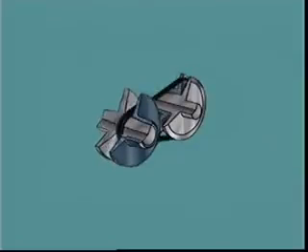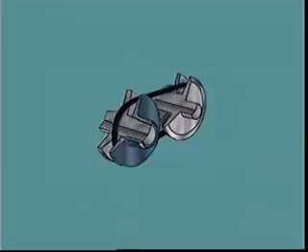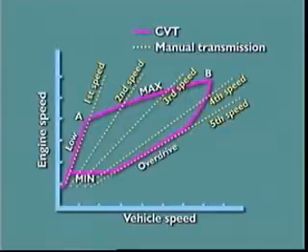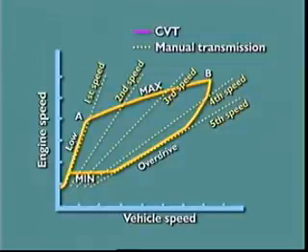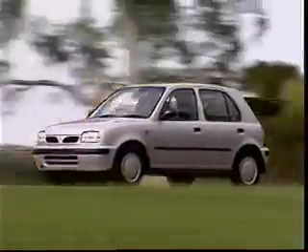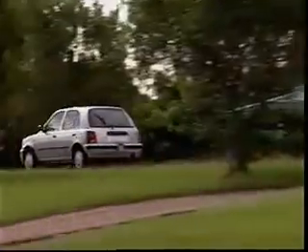Between these extremes, the variation in pulley widths provides a stepless range of gear ratios which is not linear, as in a manual transmission. It is expressed as the region bound by the maximum and minimum pulley ratio. This allows the engine to run in its most efficient speed range for fuel consumption and maximum torque output.